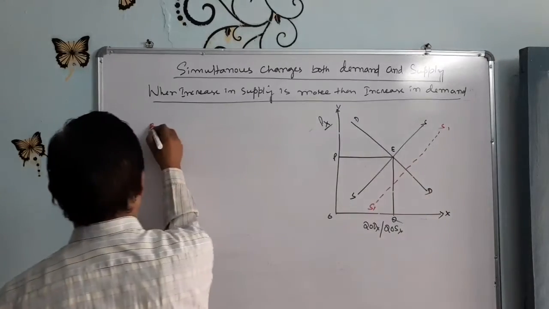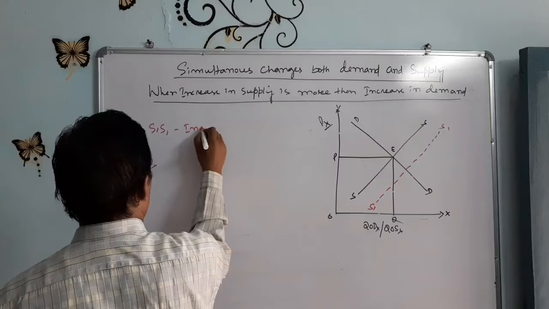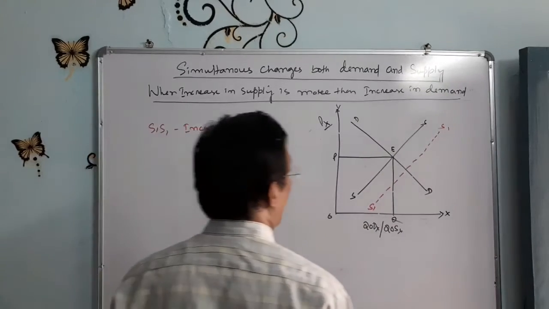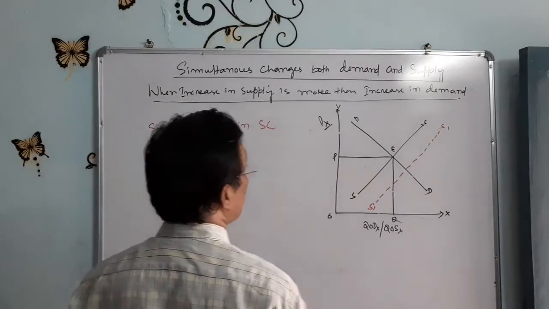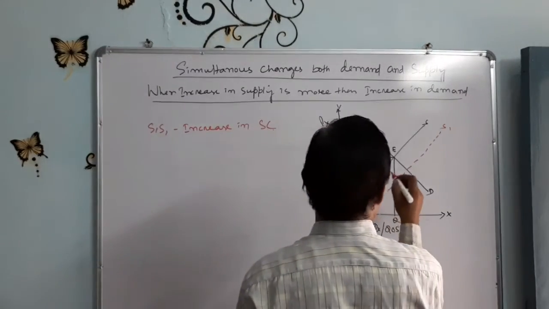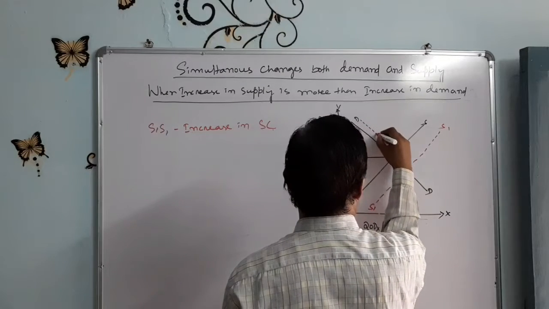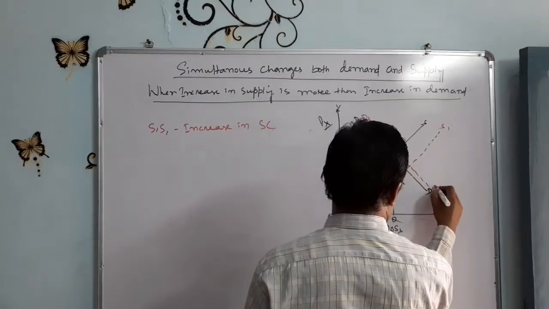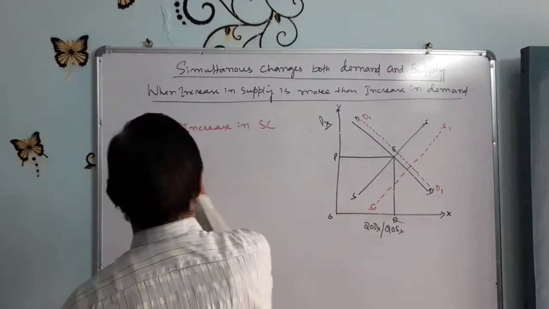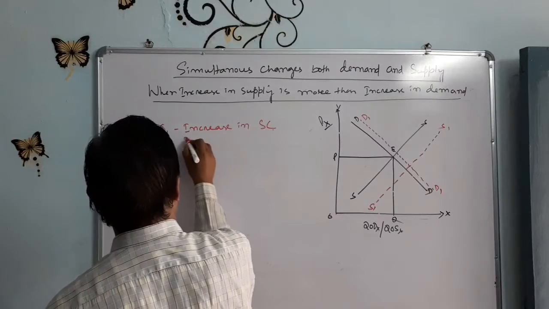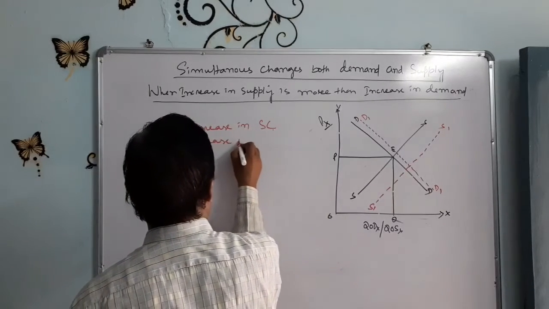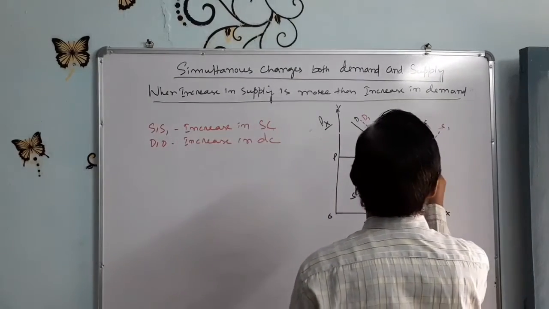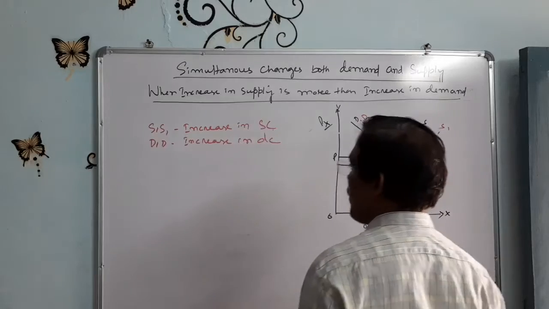Write down, S1 is the increase in supply curve, and for the increase in demand, D1 is the increase in demand curve. Now E1 is the equilibrium point.